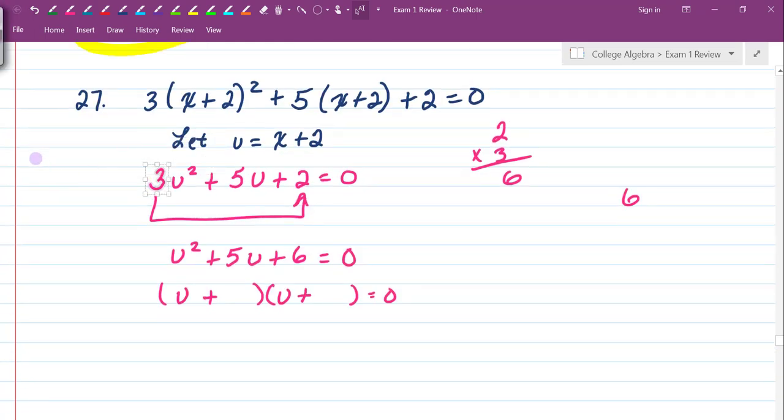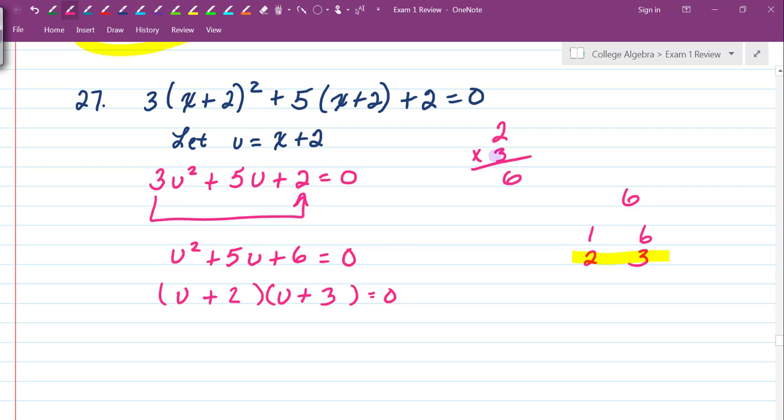So our factors of 6 are 1 and 6, 2 and 3, okay? And we need like signs, and they need to add up to 5. So that means we're going to have 2 and 3 as our factors. So 2 and 3.